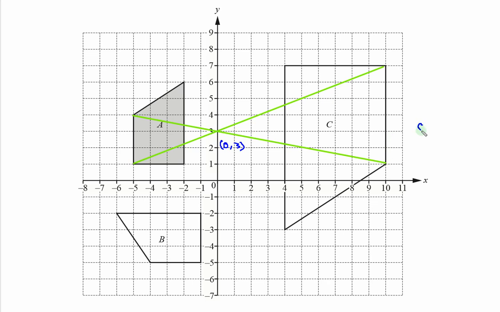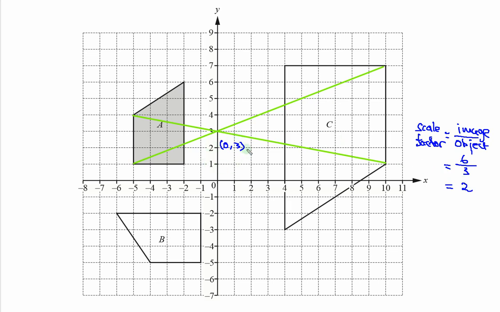So for the scale factor, remember you are going from this to this, so this becomes the object. The top one is the image. That is the standard definition for the scale factor of enlargement. So you just take the image length, which is 6, over the object, which is 3. So your scale factor is actually 2.